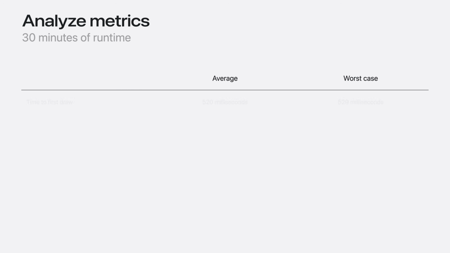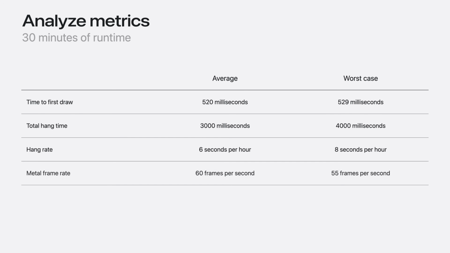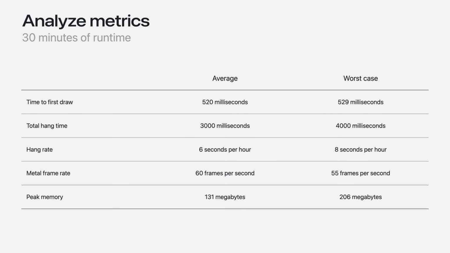You can also track ongoing performance by deriving your own insights from the data MetricKit provides. For example, MetricKit reported that for this app, it had a total hang time on average of 3 seconds while the app was used for 30 minutes. That information can be used to derive an average hang rate of 6 seconds per hour.